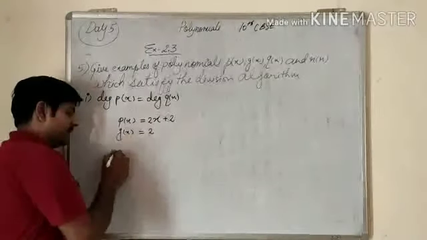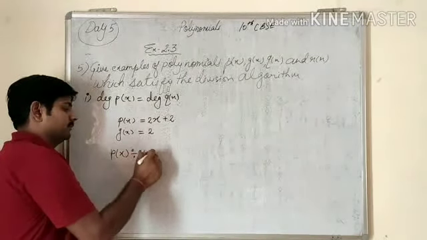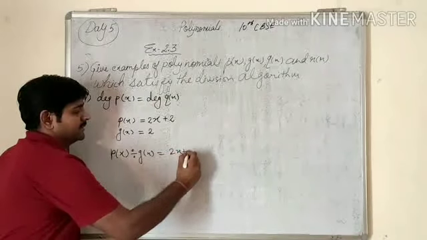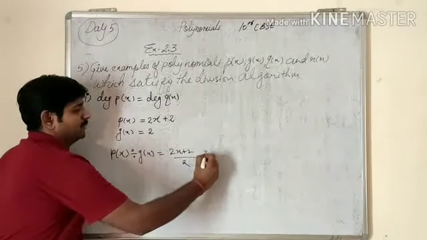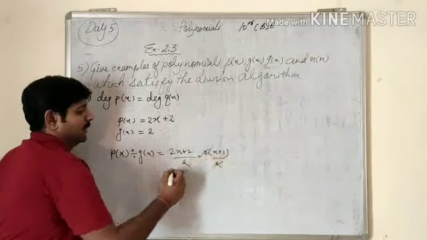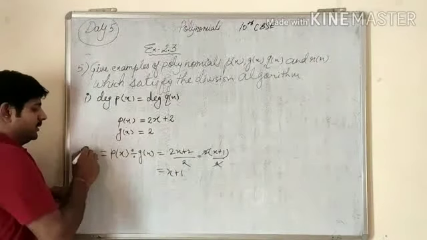If I divide this p(x) by g(x), so this 2x plus 2 divided by 2, we get x plus 1, which is q(x).